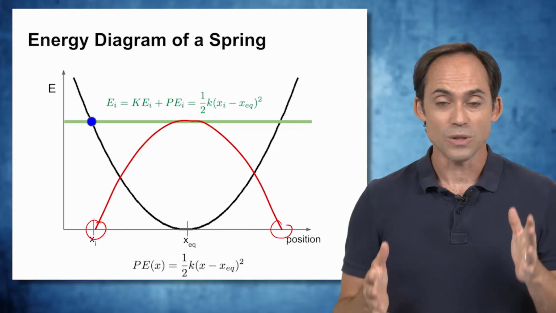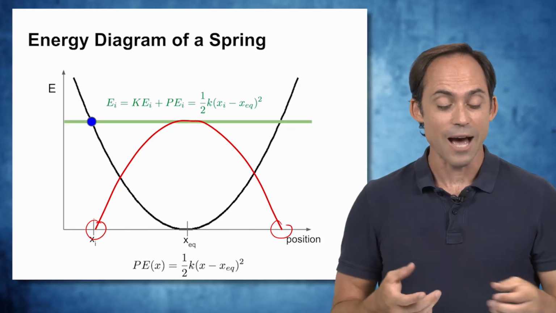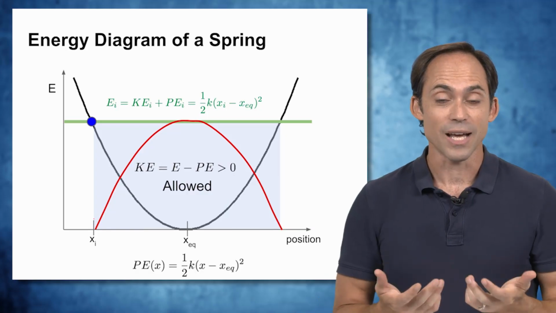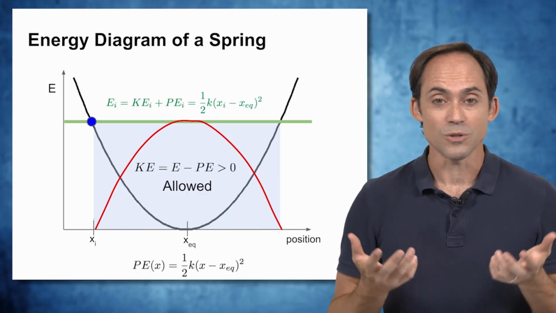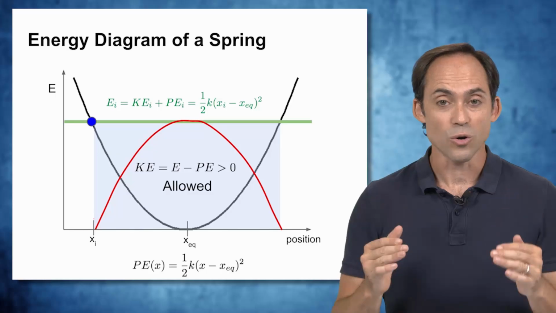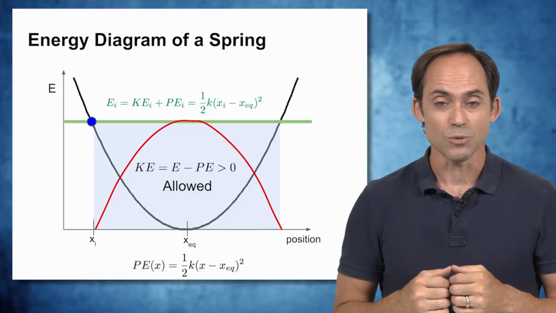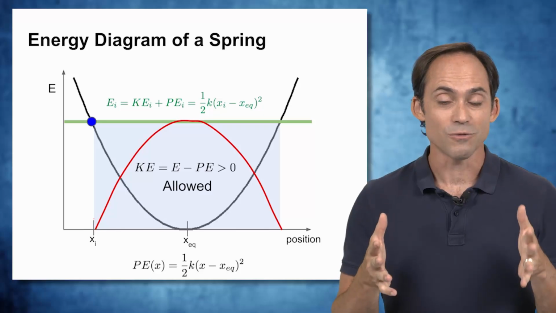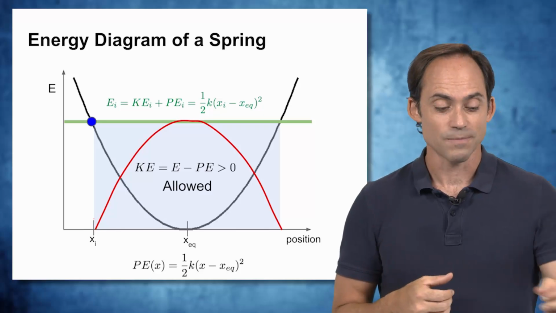Now these 2 limits really define the allowed positions of motion, because in between here you can have a kinetic energy that's greater than or equal to 0, because the total energy is greater than or equal to the potential energy. Right? So this is an allowed region for the spring to oscillate.